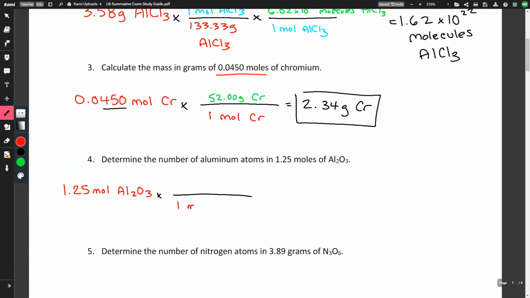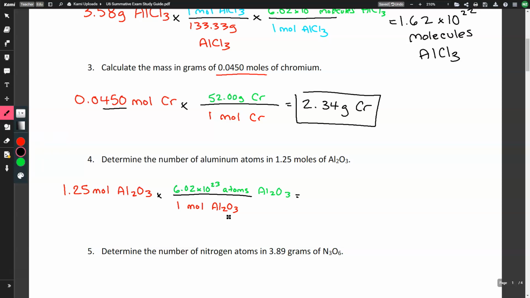So 1 mole of Al2O3 contains 6.02 times 10 to the 23rd atoms of Al2O3.